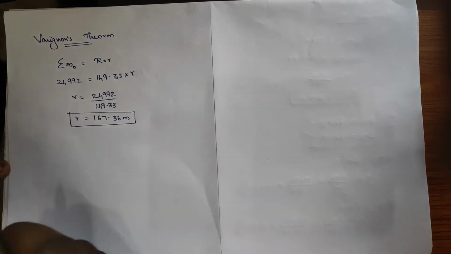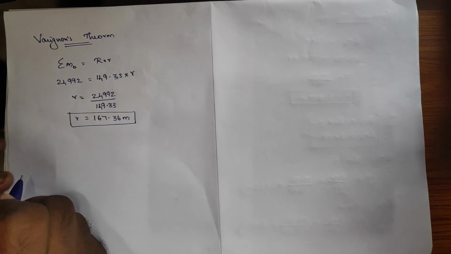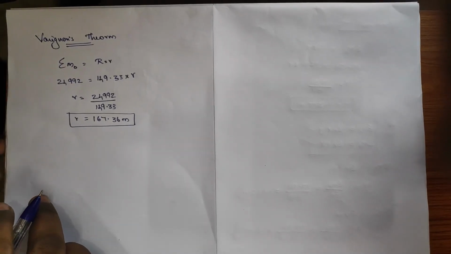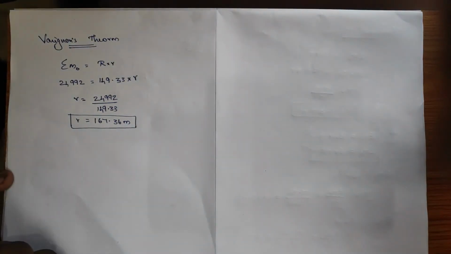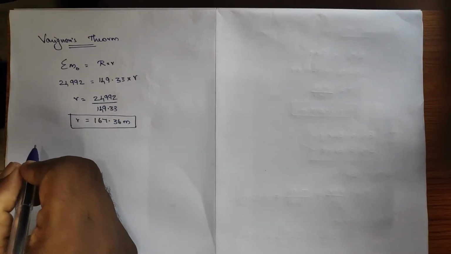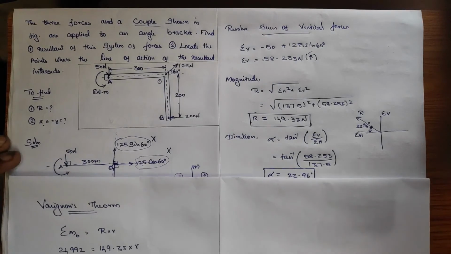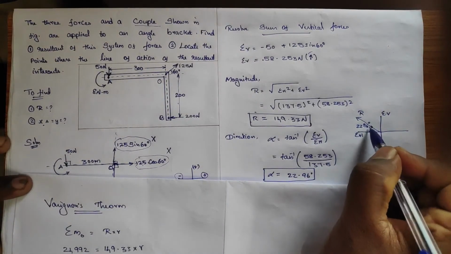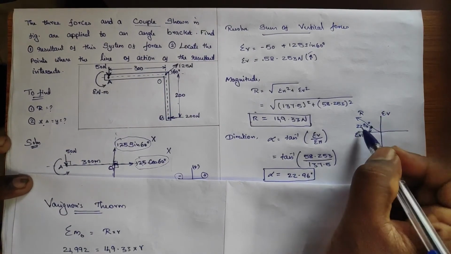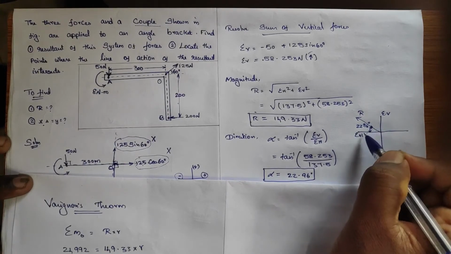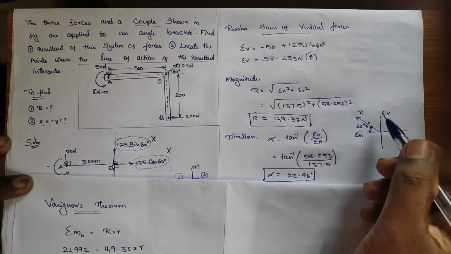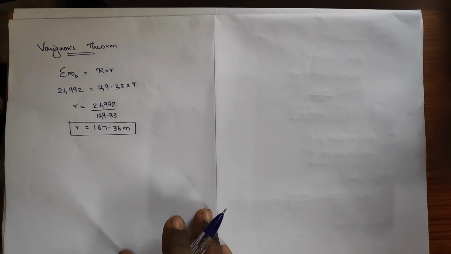We need to find the x and y in order to specify it, since the bracket has x and y coordinates. As I said in the previous problem also, we need to apply the resultant force about the summation of H and summation of V independently, using Varignon's theorem.